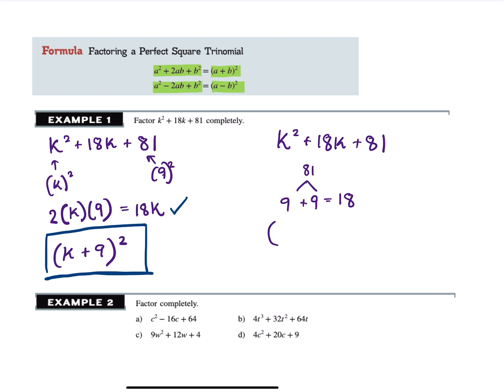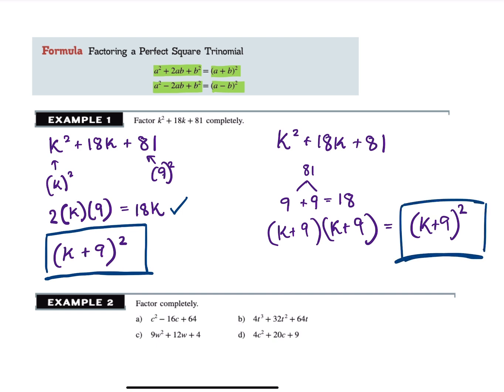So we would write the two factors as k plus 9 times k plus 9. And since they're both the same number, we get a repeated factor, which means that this can be written as k plus 9 squared. So we still get the same result. You can always just factor it as we've done before if you don't recognize this a squared plus 2ab plus b squared pattern. But if you do, then you can jump straight towards writing the factor.